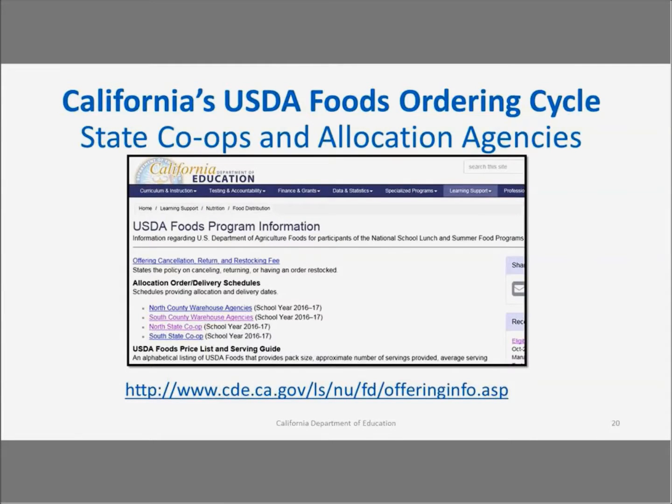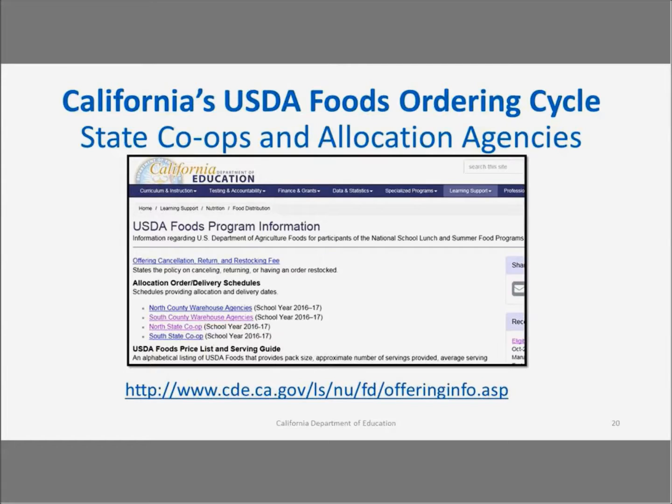So as the USDA foods start to arrive for the new school year, and even before the food arrives at our state distribution centers, our allocation agencies and state co-op members have placed their first orders for USDA foods to be delivered by our state distribution centers. These agencies will place their first USDA Foods orders in the CNIPS in May before the current school year is even over.